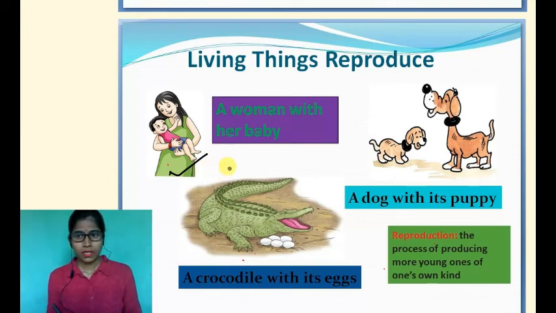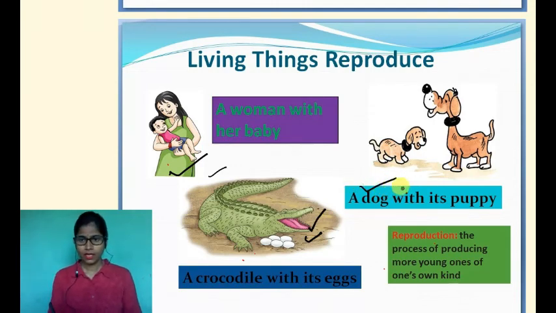Birds and some other animals such as crocodiles, as you can see in the picture, lay eggs. Their young ones hatch from the eggs.